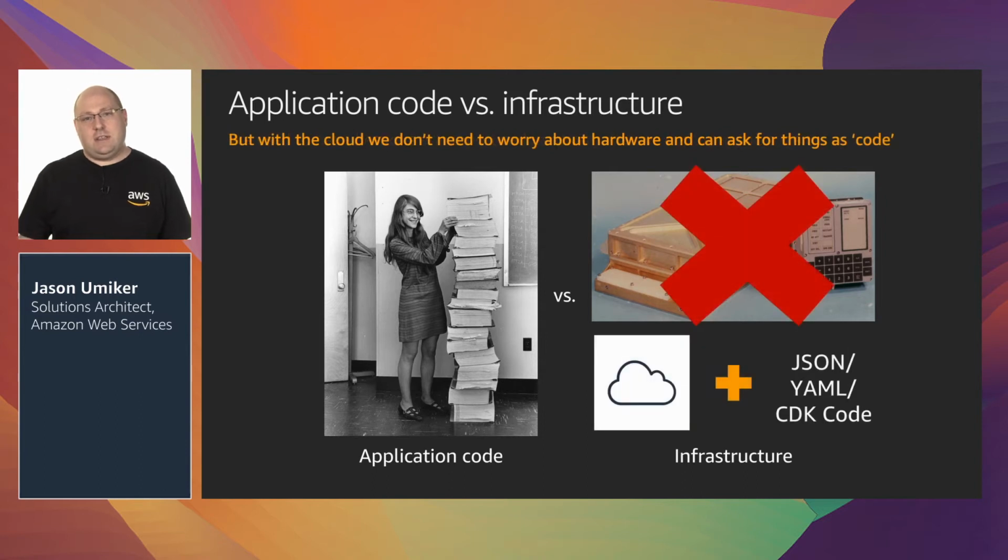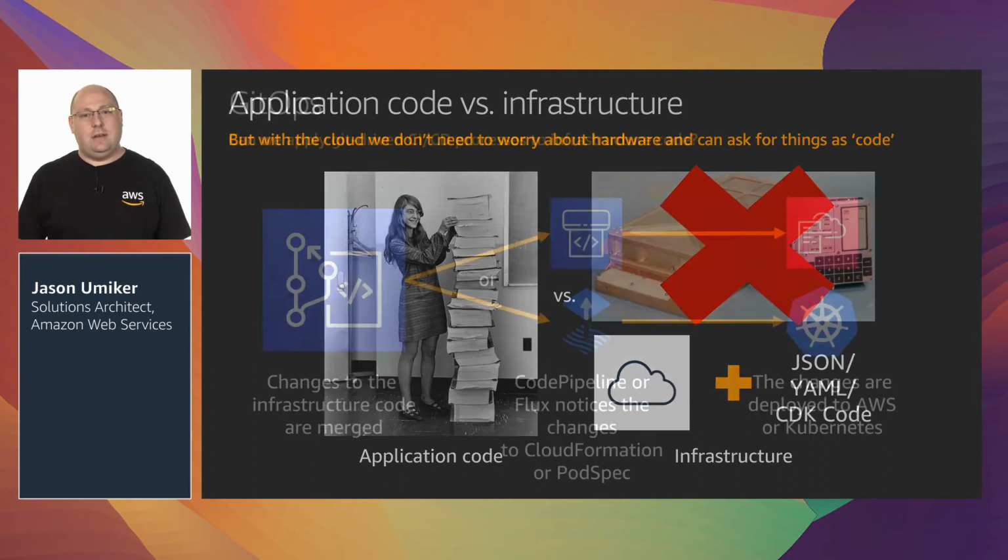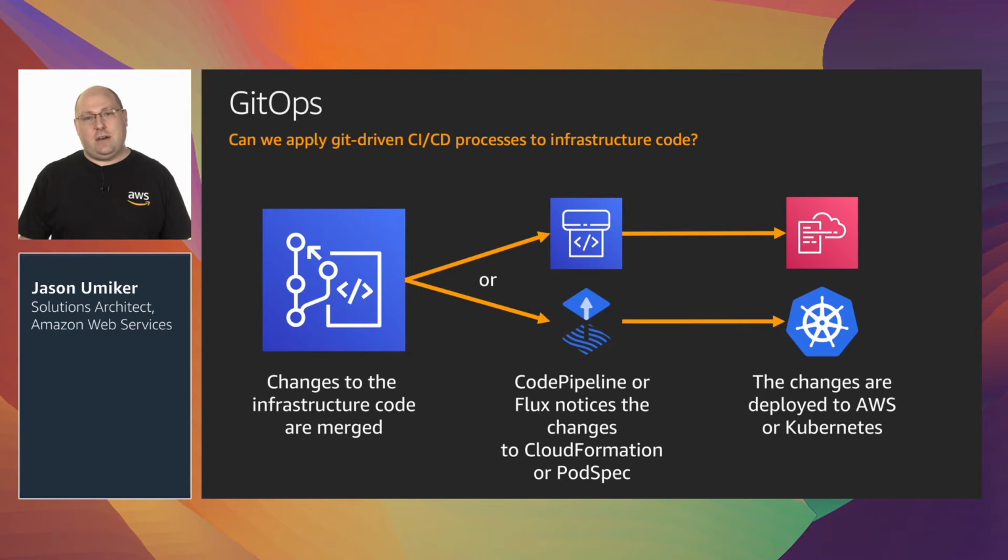The good news is that this has changed, first with virtualization, and then even more so with the cloud, where we now can have declarative JSON, YAML, or CDK to do this on our behalf. This abstraction has really helped, and it's let us treat infrastructure almost like code. And because we now can treat infrastructure like code, we can manage it in some of the same ways that software developers do and get many of the same benefits.